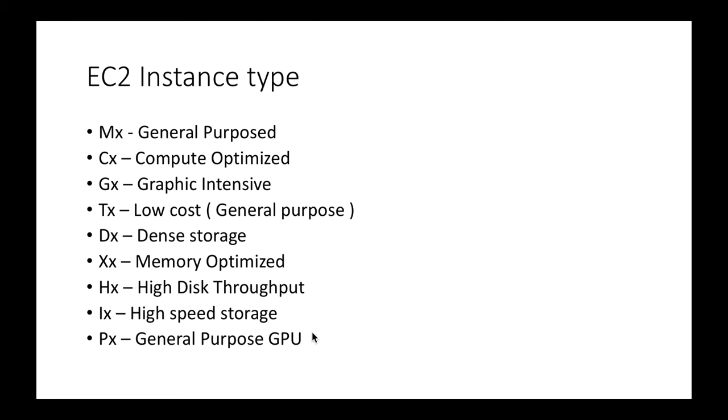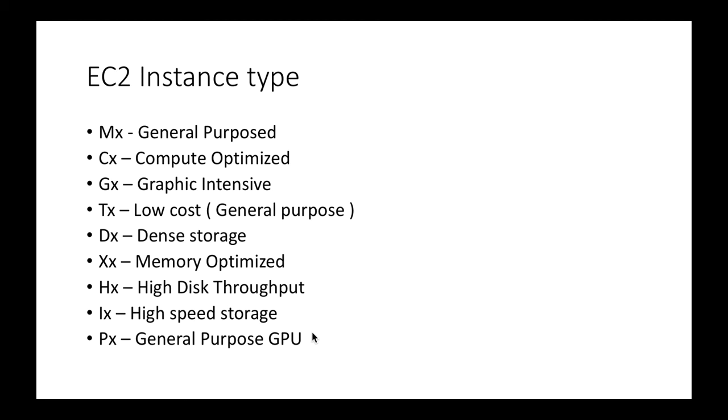Then thereafter, low cost. If you have a very small web server which you want to host on AWS, you can use TX, which comes at very, very low cost, and a couple of them are in the free tier too. And then there is dense storage.